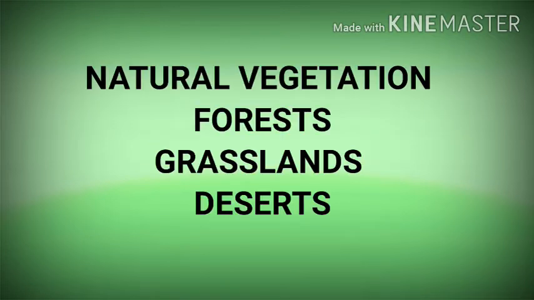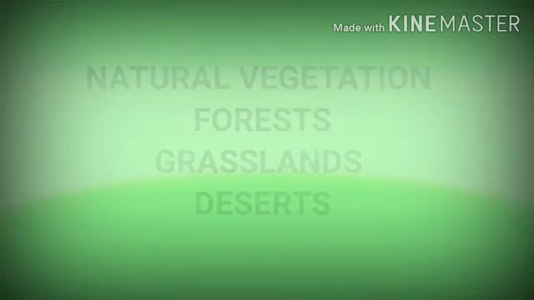In that we had learnt that depending upon the different climatic conditions required for the growth of plants and different species of trees, the term natural vegetation can be divided under three heads, which include the forests, the grasslands and the deserts.